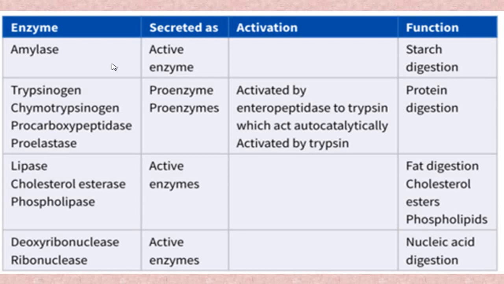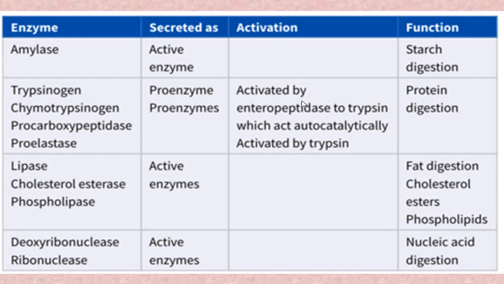As you can see, along with proteolytic enzymes, that is protein digesting enzymes, it consists of amylase. Amylase is responsible for the digestion of starch. Proteolytic enzymes, that is trypsinogen, chymotrypsinogen, procarboxypeptidase, proelastase, as we have already seen, are the inactive form of enzymes.